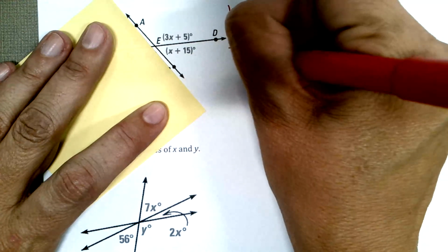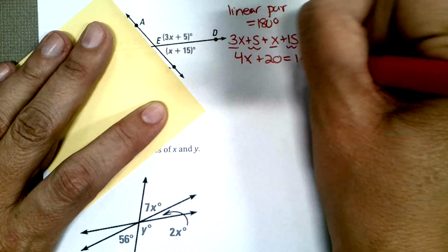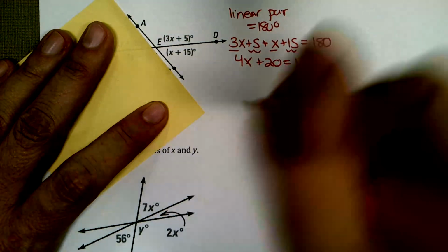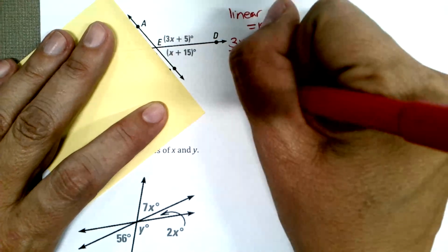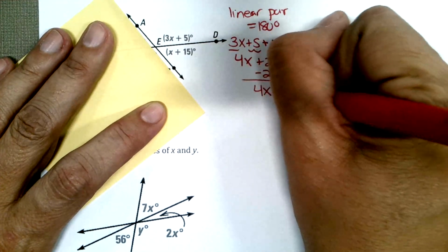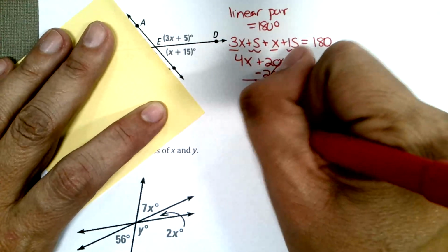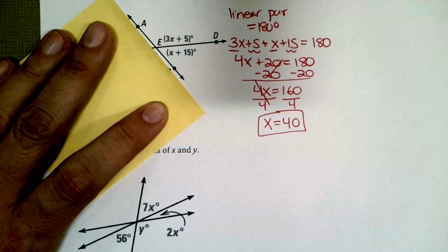Combining the like terms, we get 4x plus 20 equals 180, and solve. And we get our first answer that x is 40.